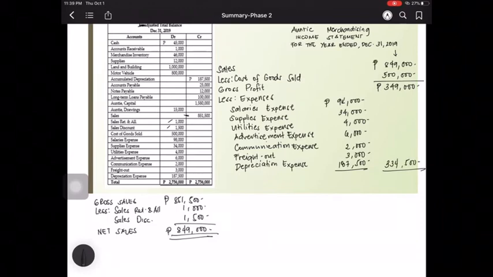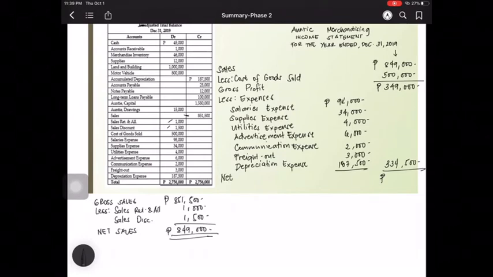Okay, let's just counter check if we got the correct amount. 98,000 plus 34,000 plus 4,000 plus 6,000 plus 2,000 plus 3,000 and 187,500. So that's 334,500.